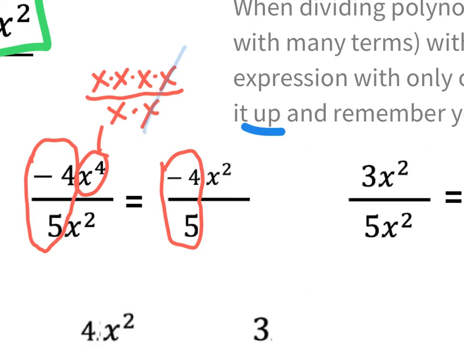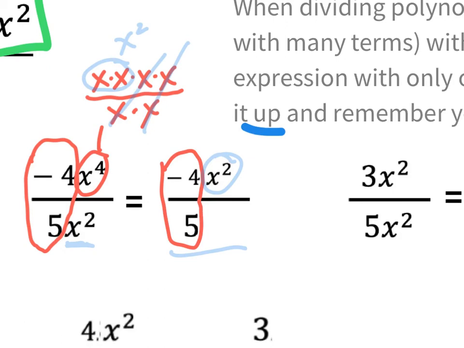So I see I can cancel this x out, I can cancel this x out, and what I'm left with are these 2 x's, which we could rewrite as x squared, which is where I get this x squared from. Once again, this x squared actually gets canceled out because it's being divided by a higher power over there. So this is another term that I'm going to deal with, negative 4x squared divided by 5, when I'm writing out my final expression.